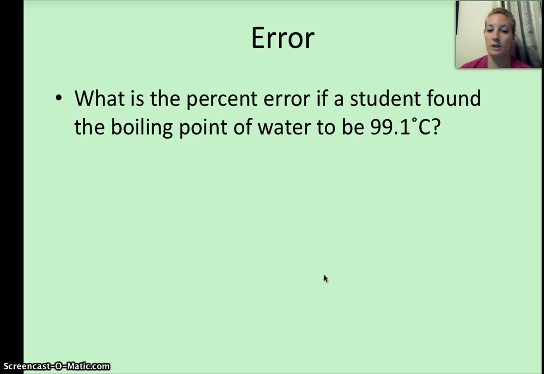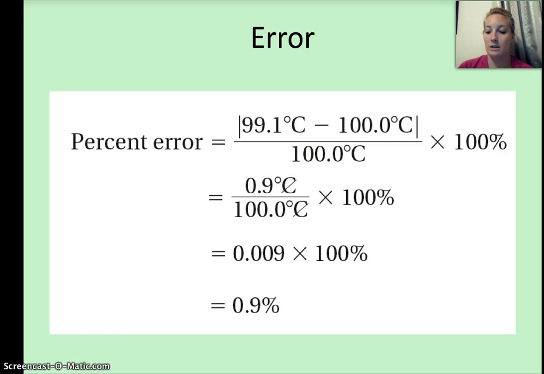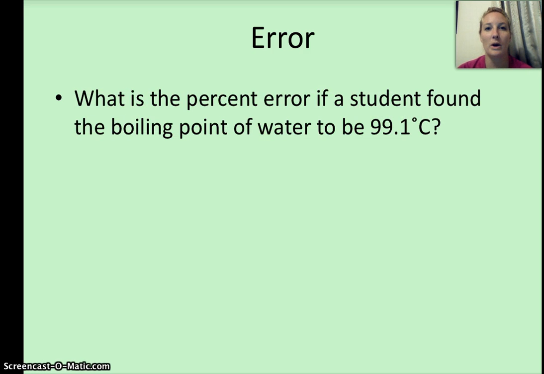So let's practice using this. What is the percent error if a student found the boiling point of water to be 99.1 degrees Celsius? So our experimental value is what the student actually found in the lab, 99.1 degrees Celsius.